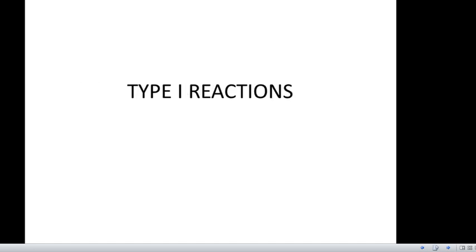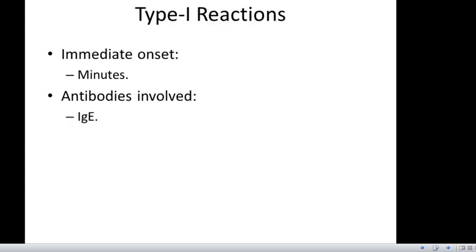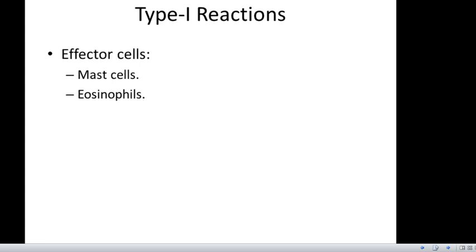The type 1 reactions are of immediate onset, occurring within minutes, and the antibodies involved are the IgE antibodies. The effector cells are mast cells and the eosinophils.